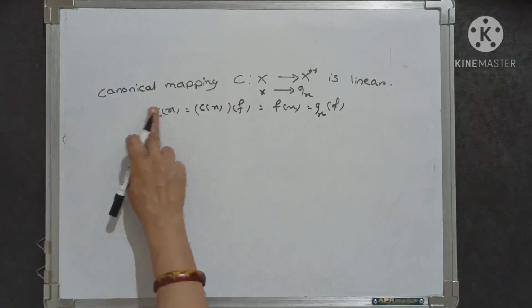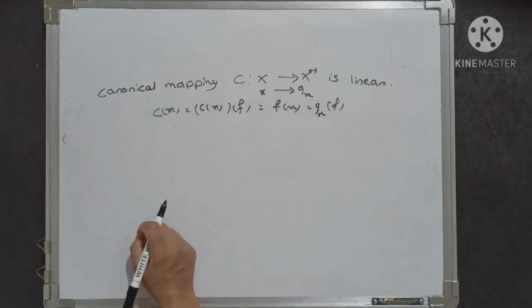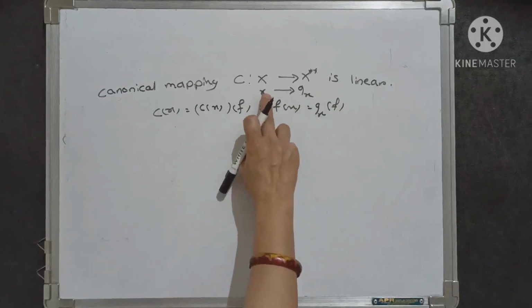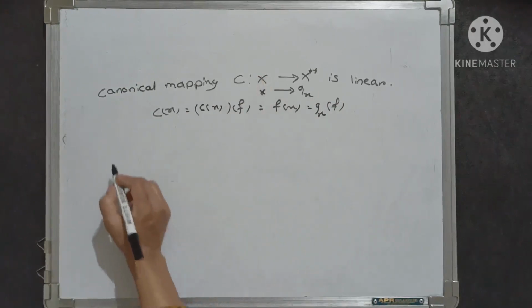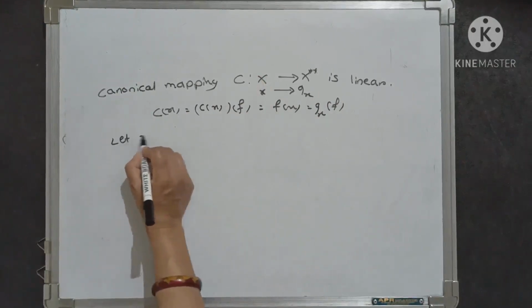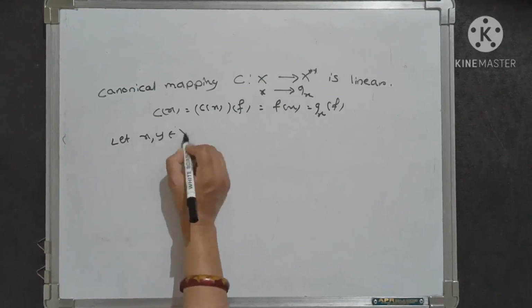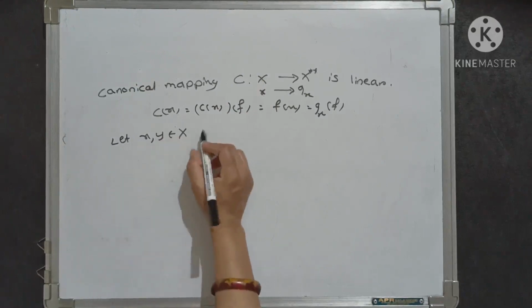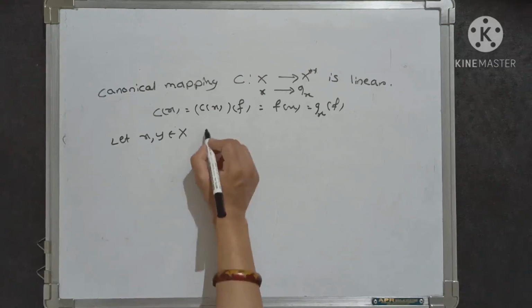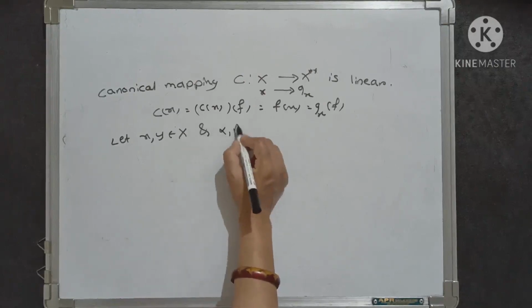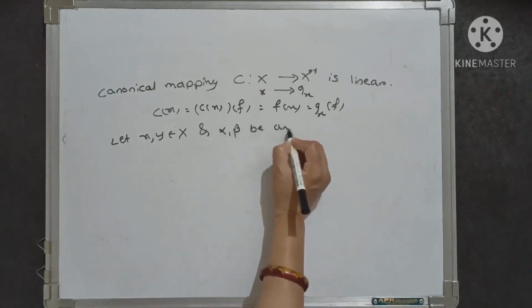Now we have to show that this canonical mapping is linear, and therefore we start with any two elements of capital X. Let x, y belong to capital X be any two arbitrary elements of the vector space X, and alpha, beta be any two scalars.